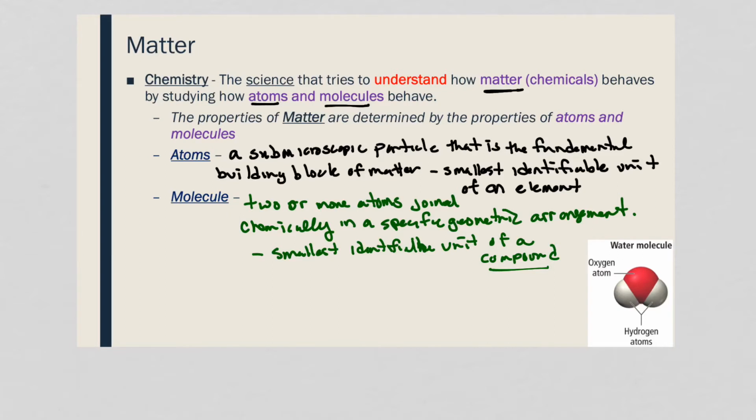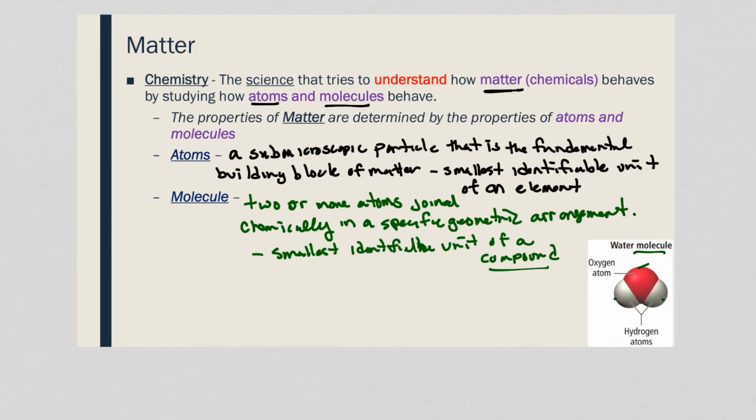And so, if we look here at our water molecule, we can see that this molecule is made up of two or more atoms. In this case, we have three atoms, one oxygen and two hydrogens here. And they are bound together by chemical bonds.